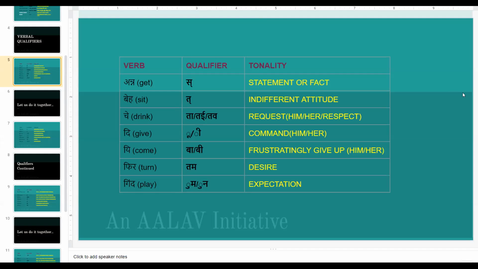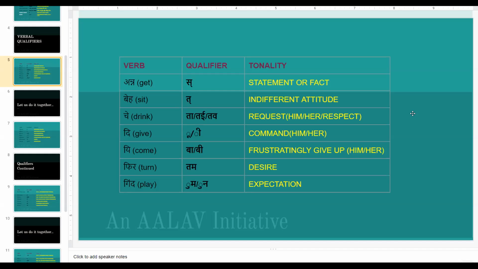What is the command aspect of ye? You will come here. Yu, you are asking, and the feminine is yi. What will the sixth one be?